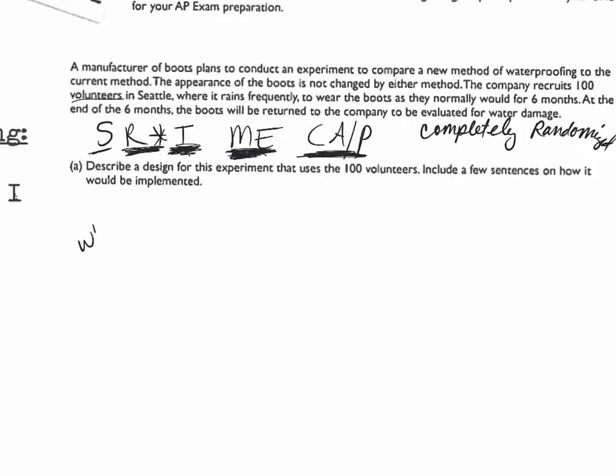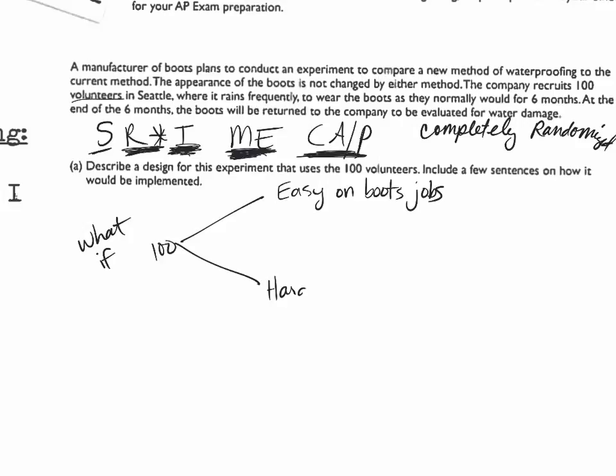You have 100 people, with the easy on boots jobs here, and the hard on the boots jobs here. These ones got the new method, and these ones got the old method. What is going to happen?